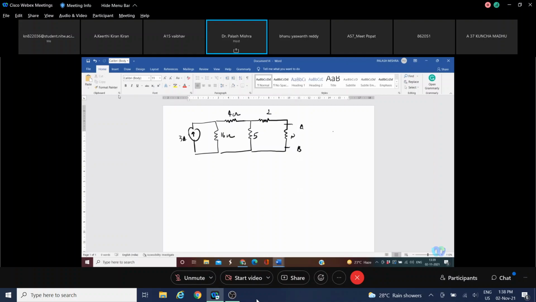You have to find out the ZTH value across the terminal A and B. And there is a battery also, plus and minus, and here is a battery also, plus minus 12 volt.